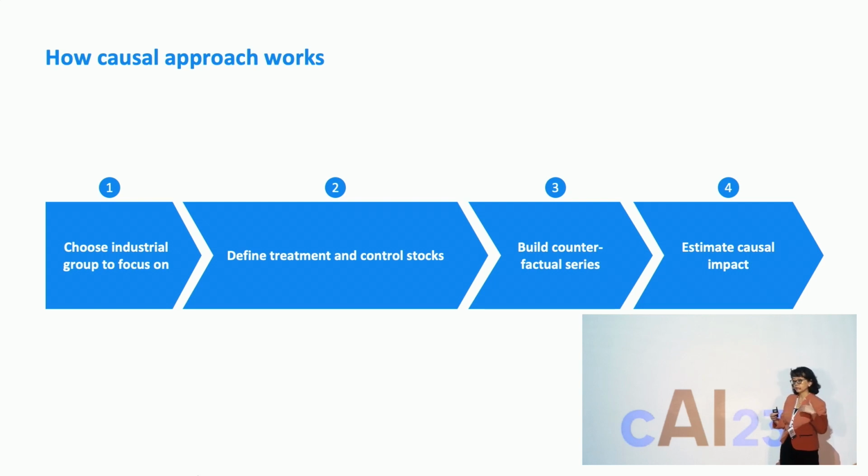If the treatment group has a positive overnight return, all the stocks in the control group have positive overnight returns. The other filter is that we have to ensure some minimum correlation of the returns pre-event between the control stocks and the treatment stocks. With all those in place, we build a counterfactual time series, and then we estimate the impact.